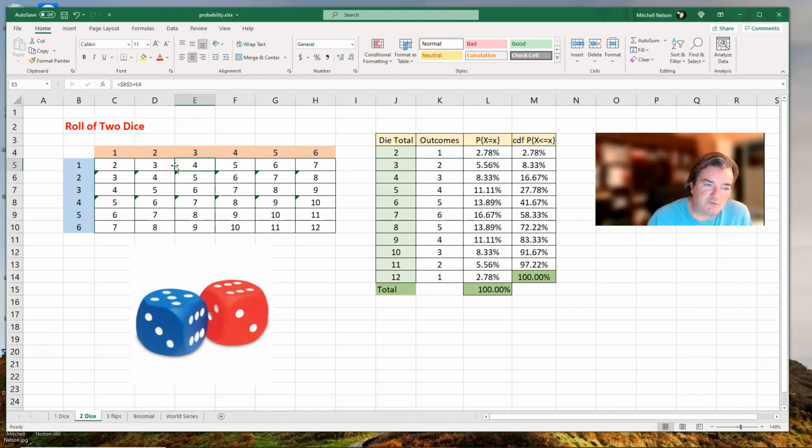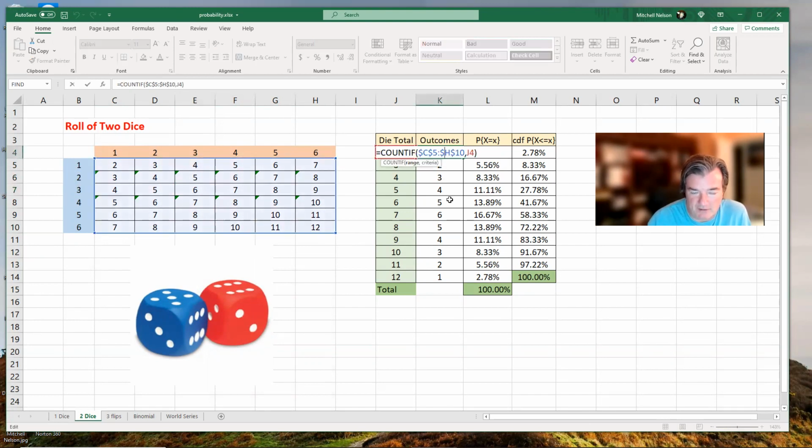So now what we want to do is we want to take this entire 36. So first of all, calculating these numbers, we have a formula. So it's the outcome of each dice gets added together, fills out all 36 of these squares. Now we want to say for outcomes, how many outcomes are there?